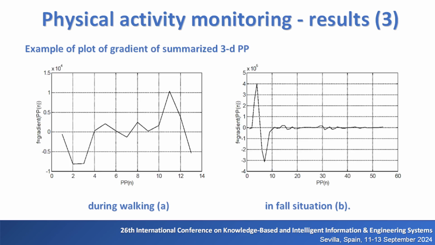The next pictures show summarized three-dimensional Poincaré plot gradients, and it is clearly visible that the amplitude of the signal is much higher in case of dangerous situations such as falls.